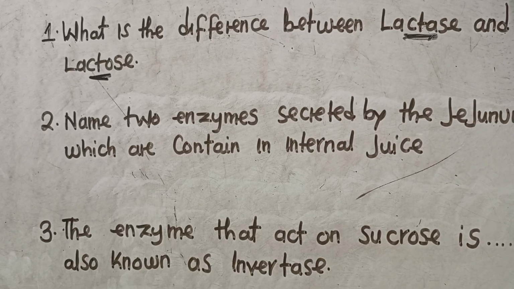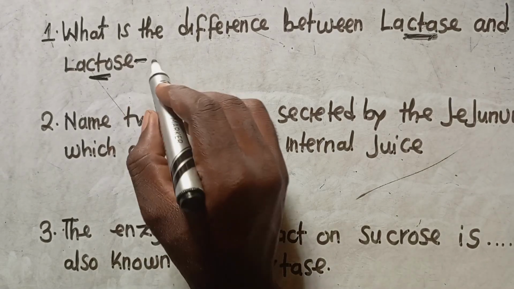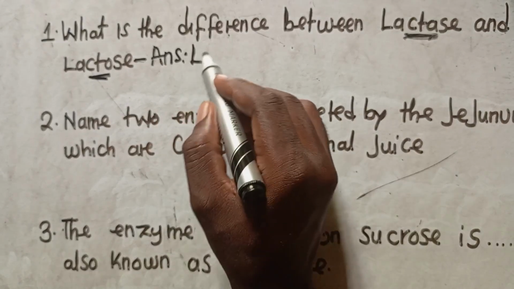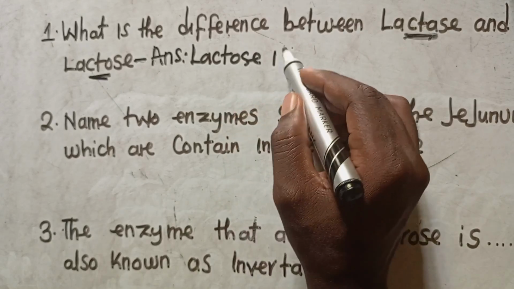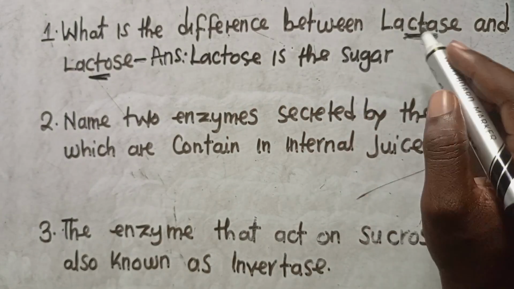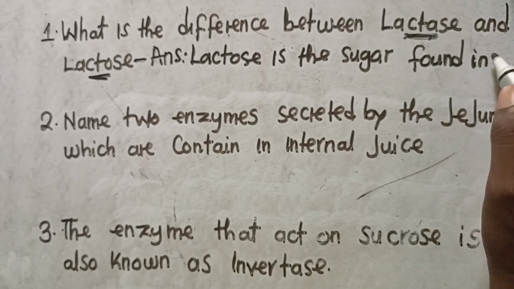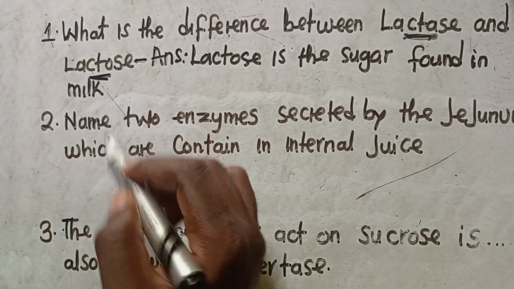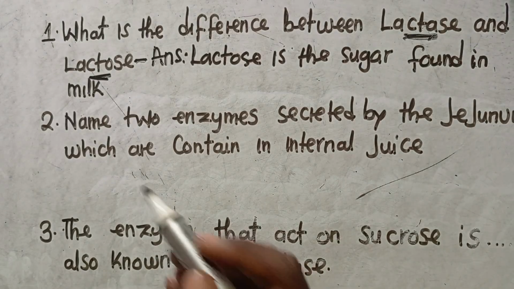So this is the difference. Now you state the answer that I'm writing here: lactose is the sugar found in milk, so you are supposed to include milk there, and it requires lactase for digestion.